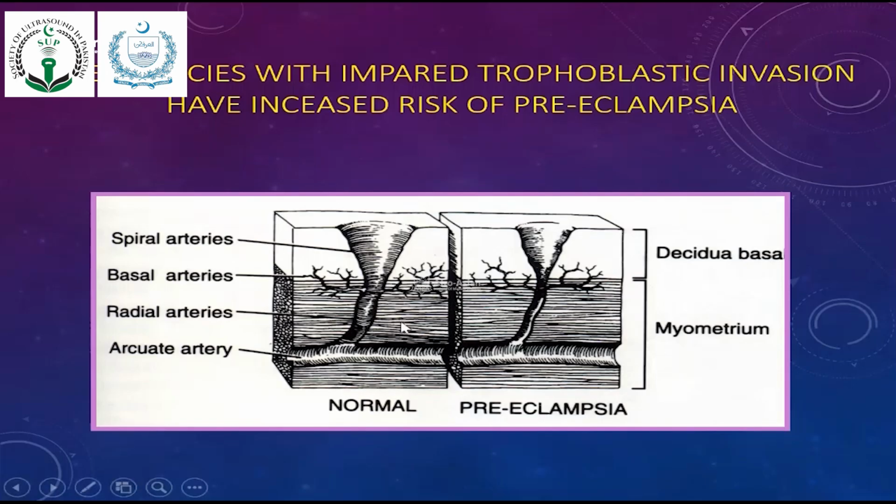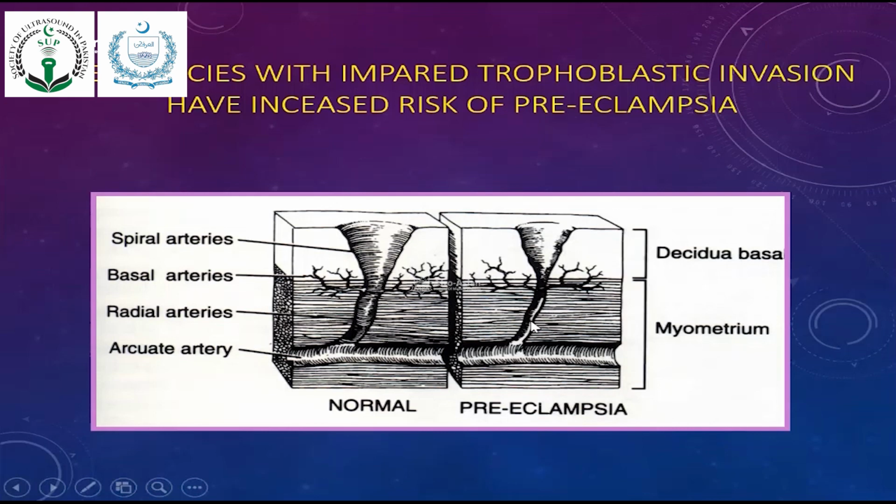Here you can see the spiral arteries, the basal arteries, radial arteries, arcuate artery. This is normal. Here is preeclampsia. The myometrium, and then the decidua basalis.